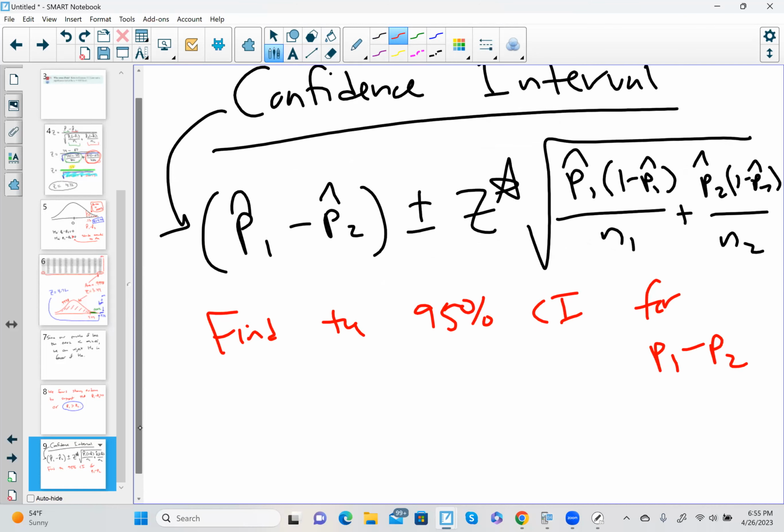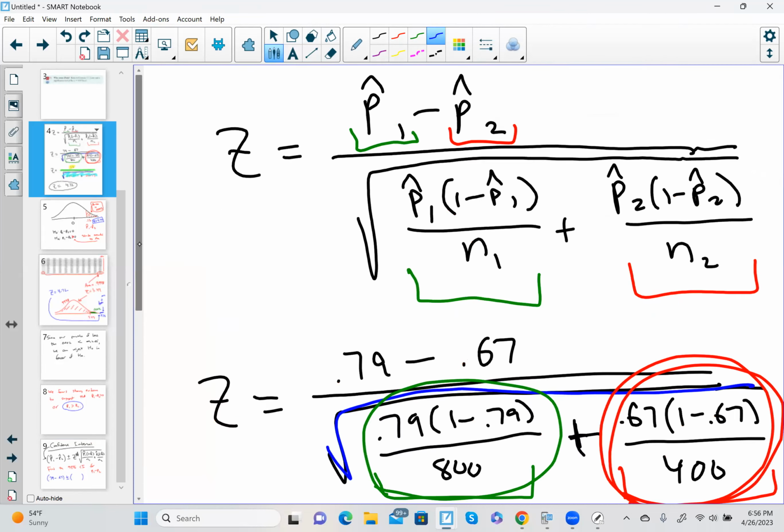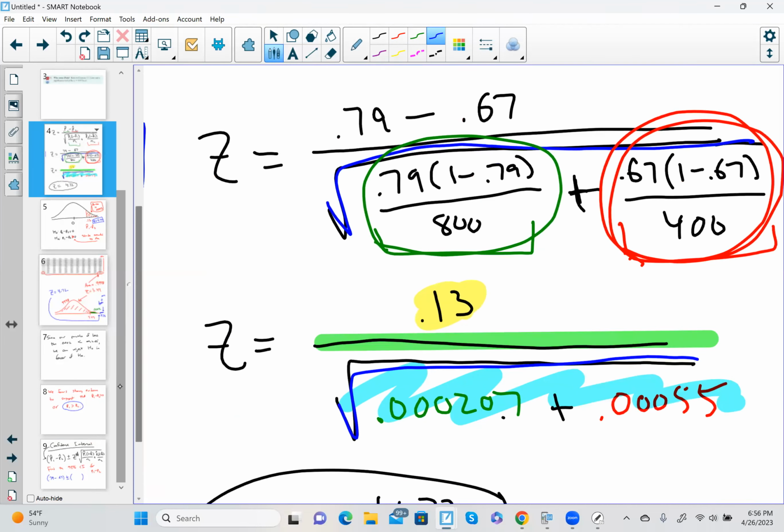So P1 minus P2, so that's 0.79 minus 0.67 plus or minus Z star. I'm going to leave that blank for a second because we'll come back to that, how you get that. And now, luckily, earlier in the problem, when we were back over here, we did the whole standard deviation.